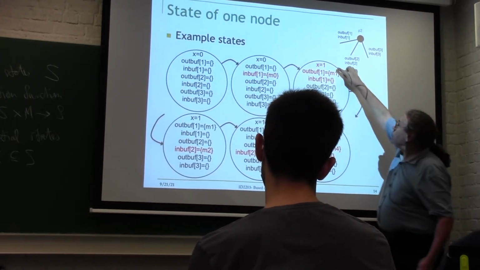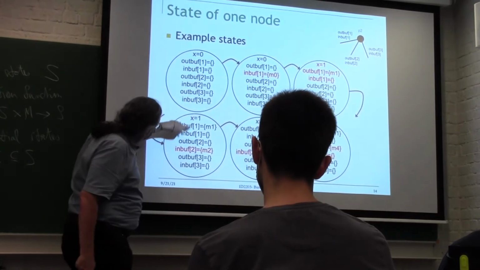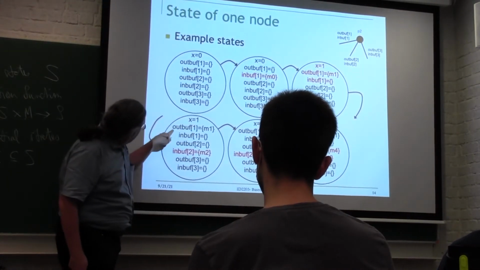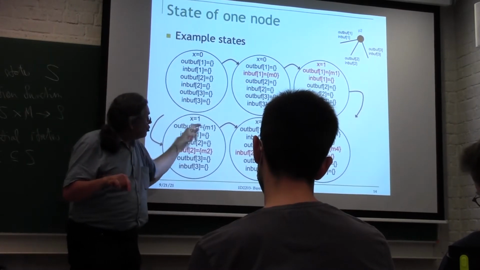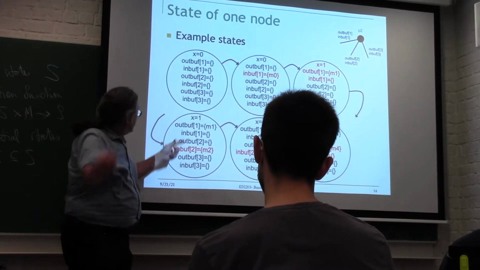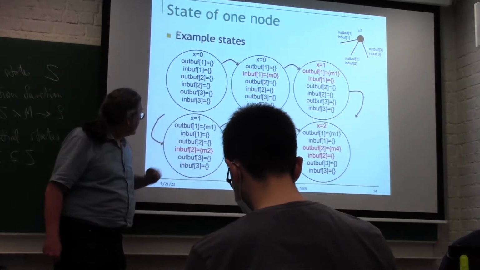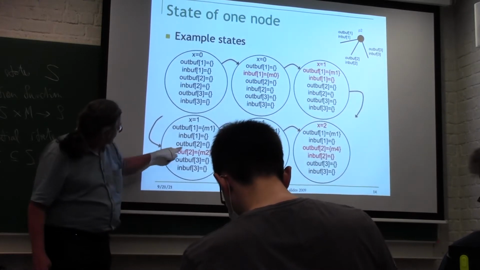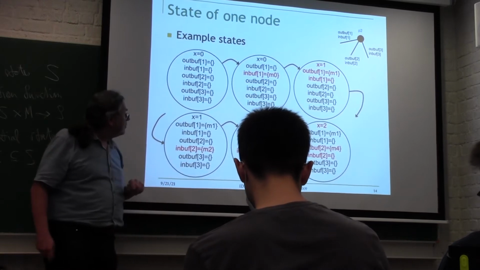So let's go on. This outbuff message is still there, because there has to be a magic rule that some other node takes it out and it becomes empty again. But so far it stays there. Another message comes in: inbuff 2 has magically gotten M2.